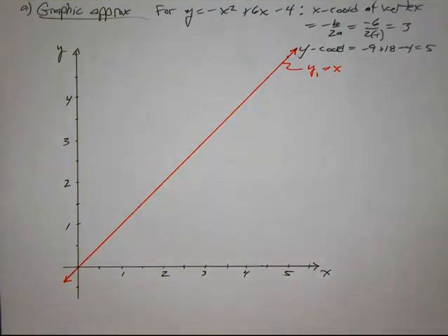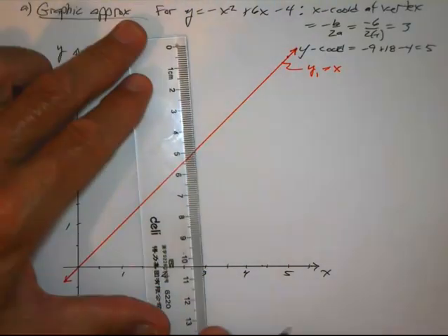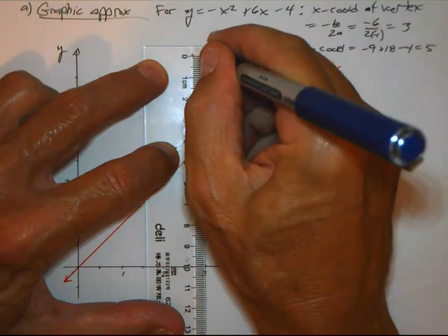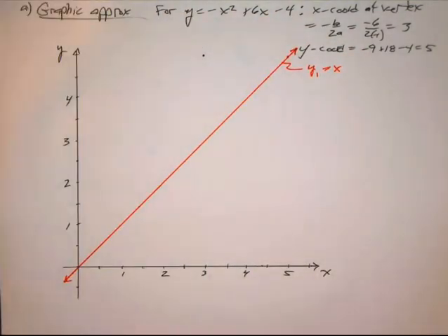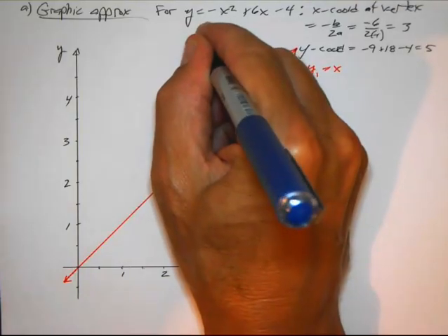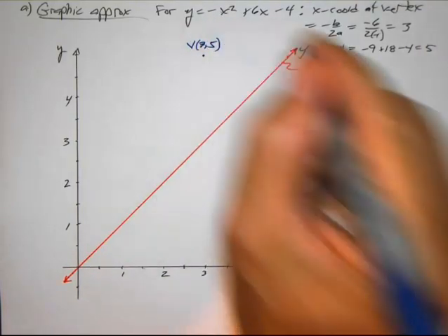Now I'll go to another color, blue, for this parabola. First up, the vertex, the point 3, 5. Let's get that. There. Could even put a V for vertex 3, 5.